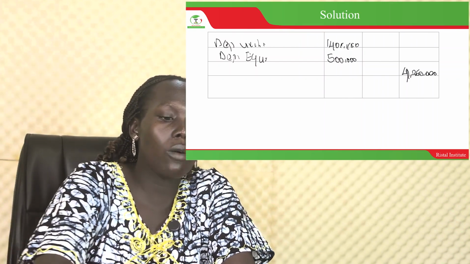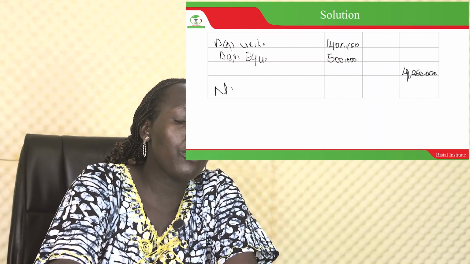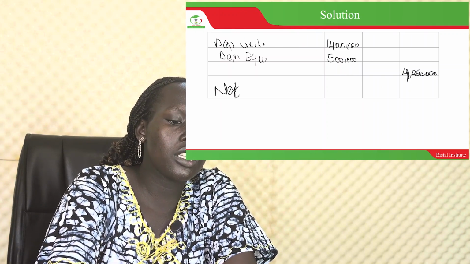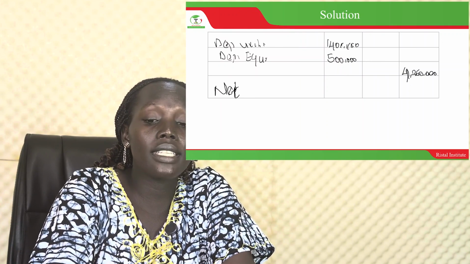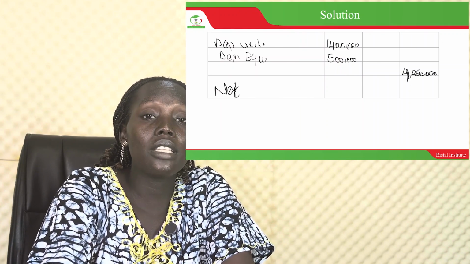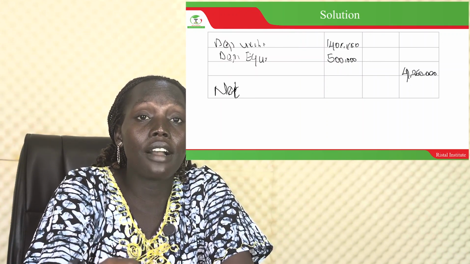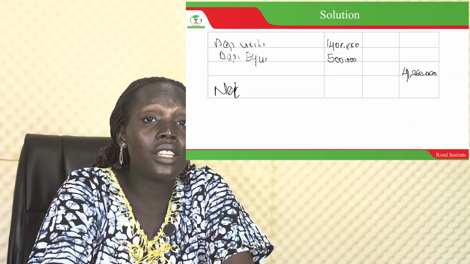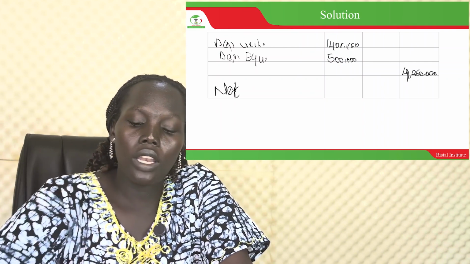So we are going to subtract. We want to get our net. If it is positive, that is net profit. You just write profit. But if you get your answer in negative after subtracting the expenses, that is net loss. So let's see our answer.